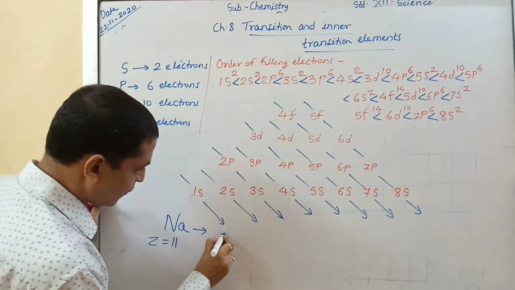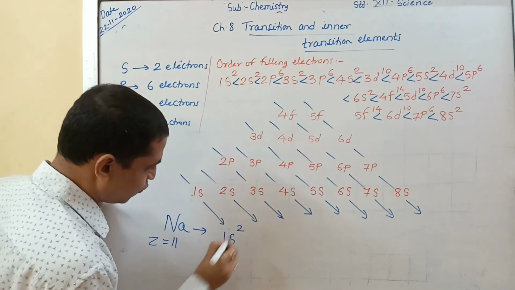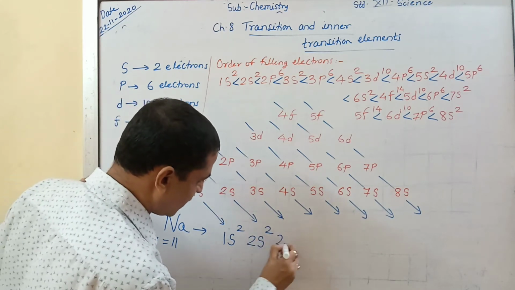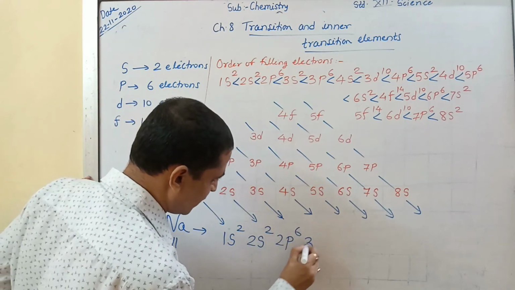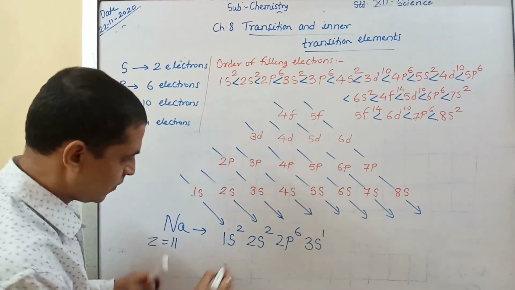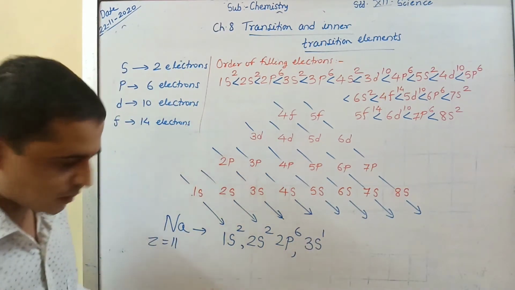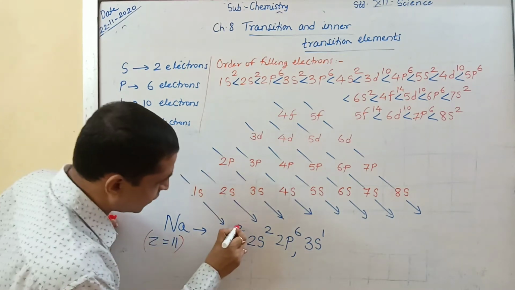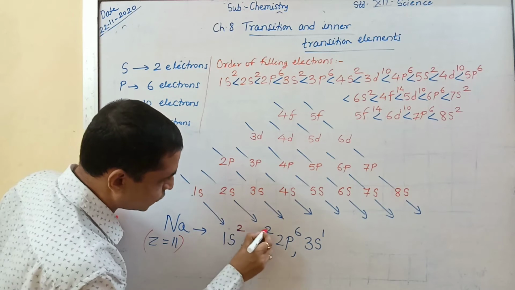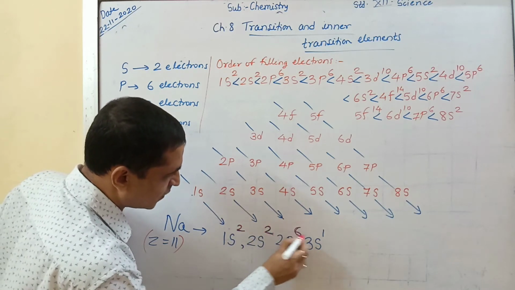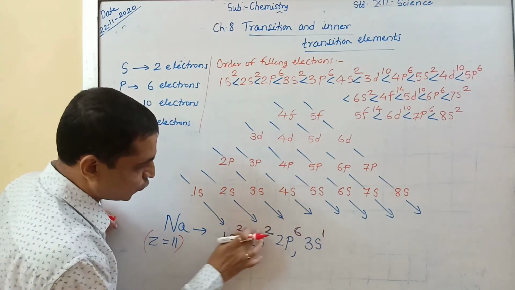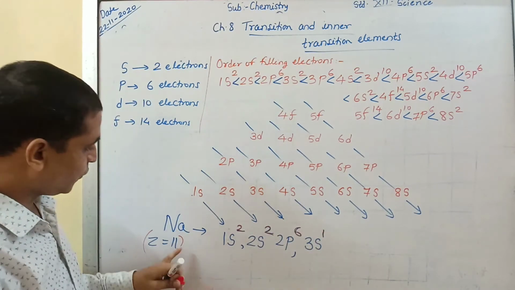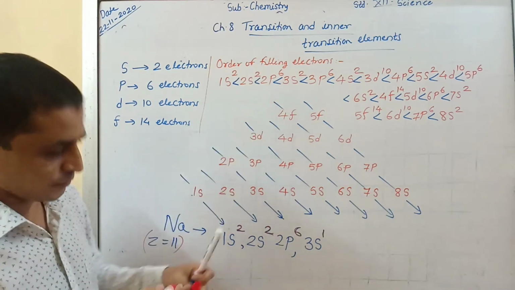See here, 1s2, then 2s2, then 2p6, and last one is 3s1. Z equal to 11 means it contains 11 electrons. You have to follow these numbers: 2, 2, 6, 1, which add up to 11. So this is the electronic configuration of sodium using this order.